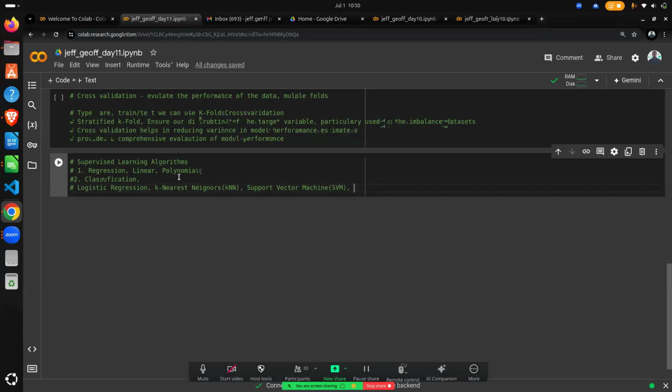And then we have what we call decision trees and random forest. Now, this is what we call classification.